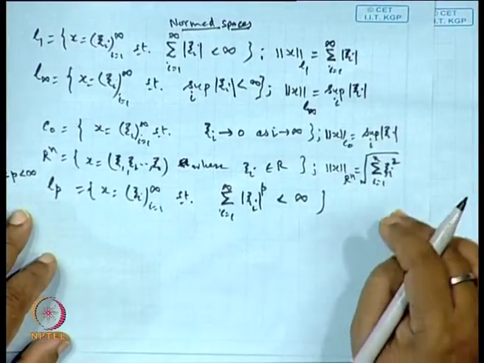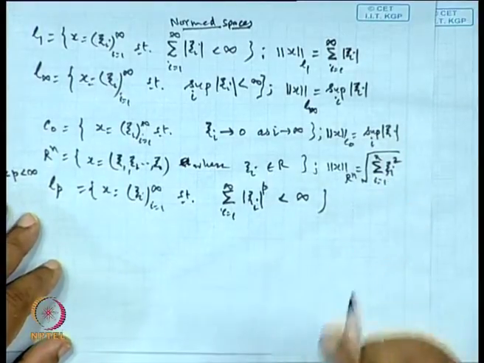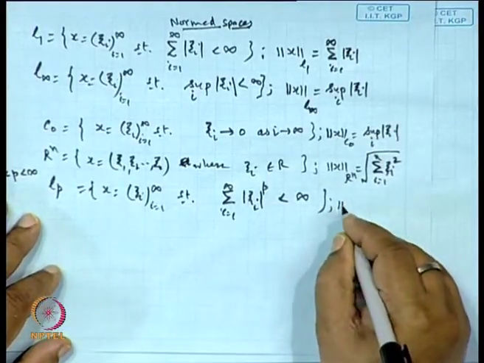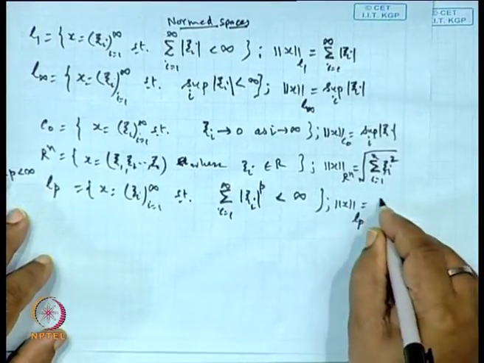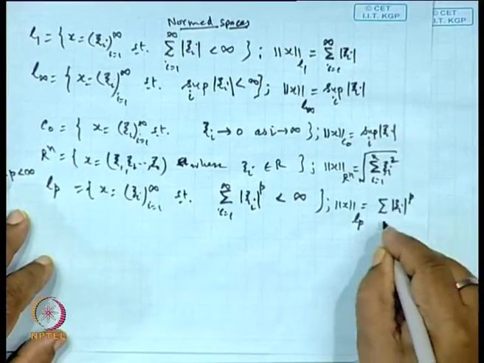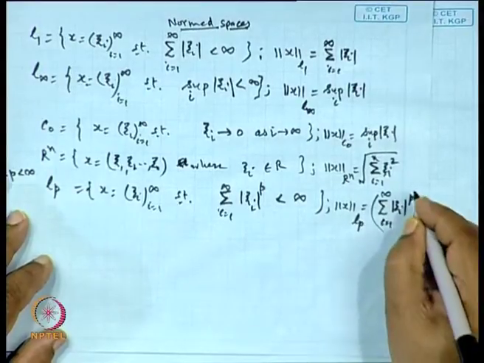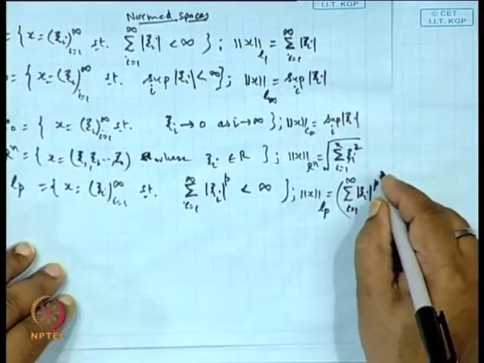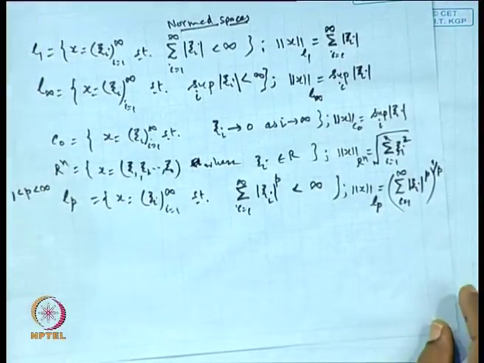That is, the norm of x is xi1 squared plus xi2 squared plus up to xin squared, all raised to the power half. And here the norm of x in Lp is defined as the sum of |xi|^p, i from 1 to infinity, raised to the power 1/p.